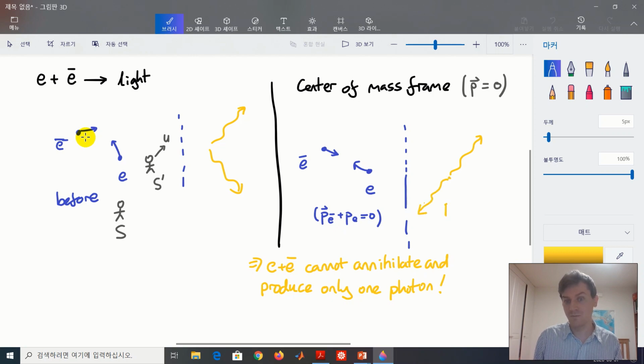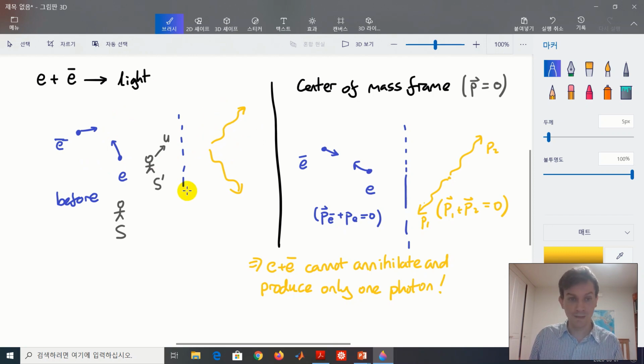And again here we could have, if this one is P1 and this one is P2, we can have P1 plus P2 is equal to 0, right? So again, total momentum is 0. So an electron and a positron can annihilate and produce two photons, but they can't annihilate and produce only one photon because of the conservation of momentum.